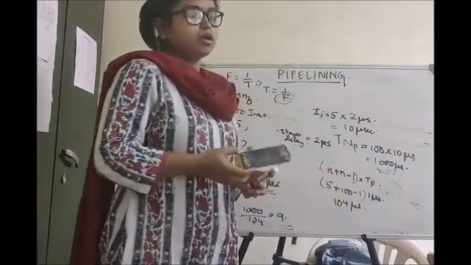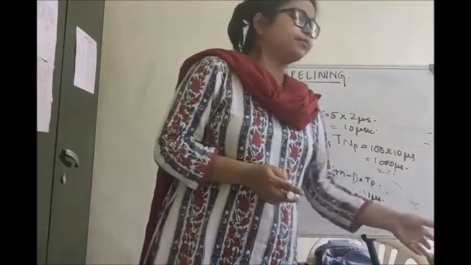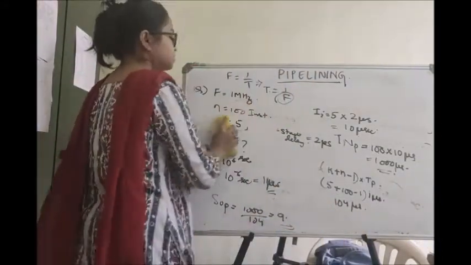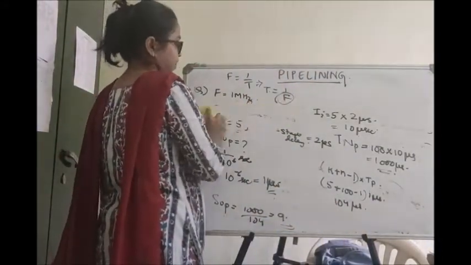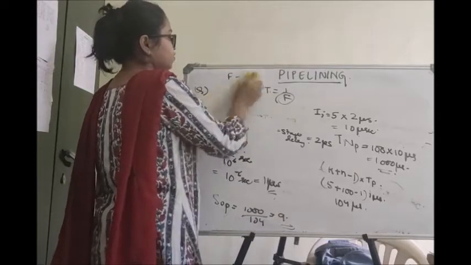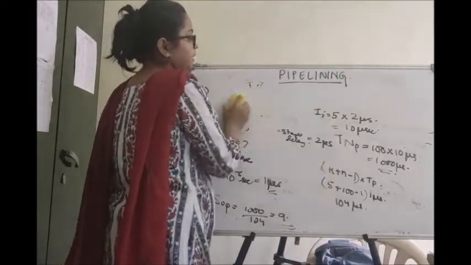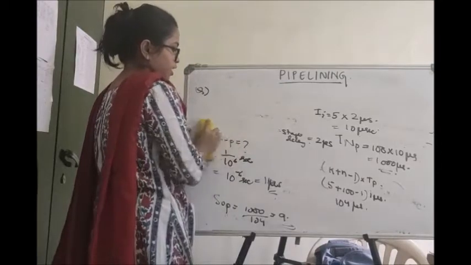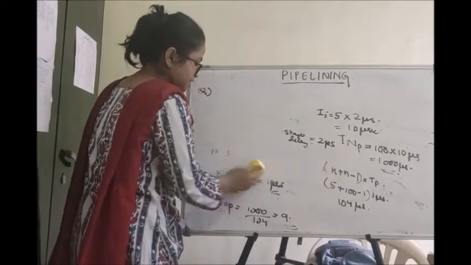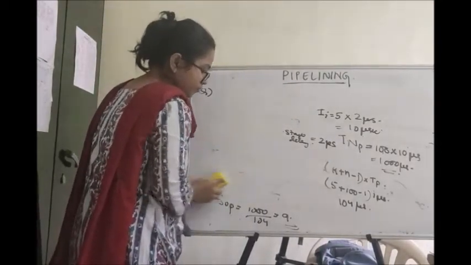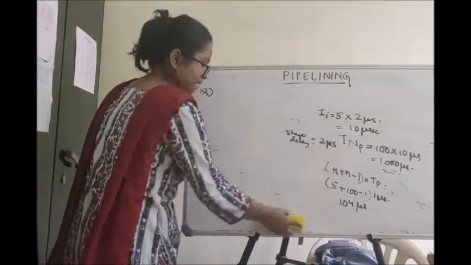Now you need to understand that the pipeline may not always be smooth. Okay. Sometimes there are dependencies. When there are dependencies, we say that the pipeline may face some hazards. Okay. So what is a hazard in a pipeline?